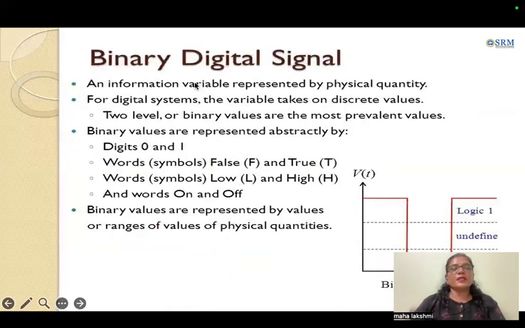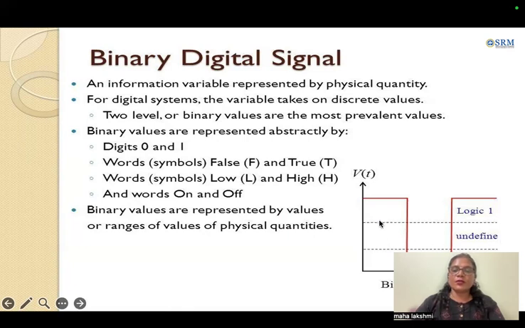If you consider a binary digital signal, as we have already mentioned, binary values can be represented by digits or by symbols, and symbols can take the form of false or true, low or high, and also on and off. In the binary digital signal, this will be off and this will be on; this takes a value of logical one and this takes a logical zero. It will take only two forms. In between, there won't be any forms.